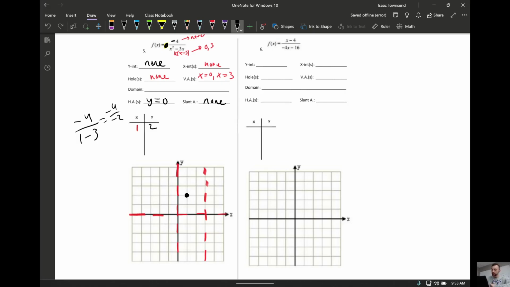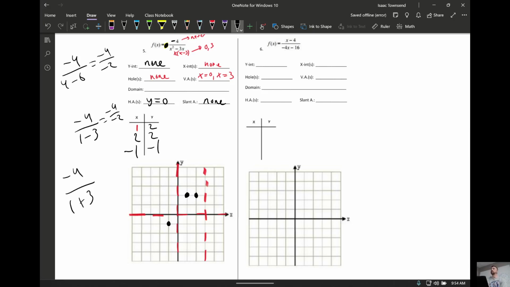So (1, 2) is a point. Could try plugging in 2, and you get 2 again. Maybe try -1. You get -1.